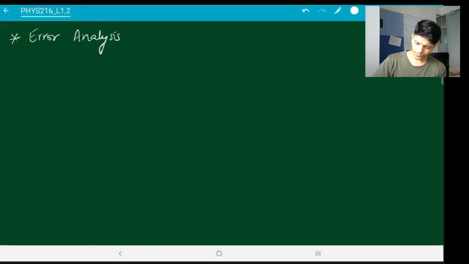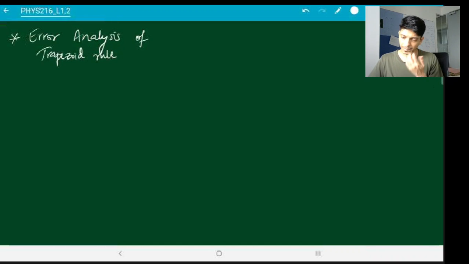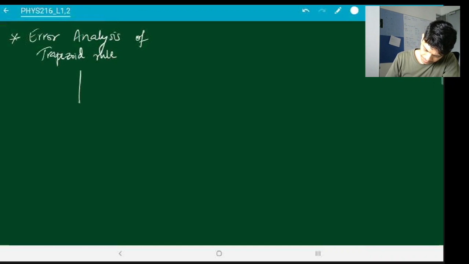Just for simplicity, we are going to do error analysis for the trapezoid rule, but you can do it similarly for Simpson's 1/3 rule as well. So consider the bin from xi to xi plus h. This is some trapezoid.